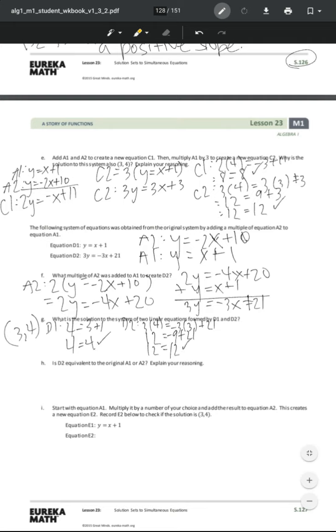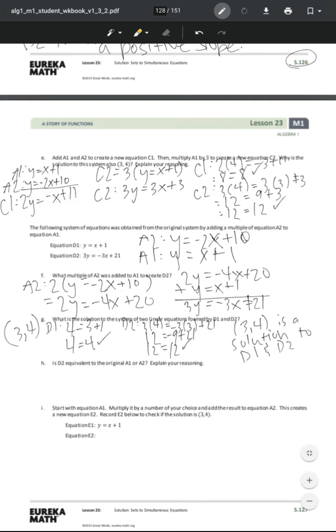So this tells us that (3, 4) is a solution to D1 and D2. Okay?